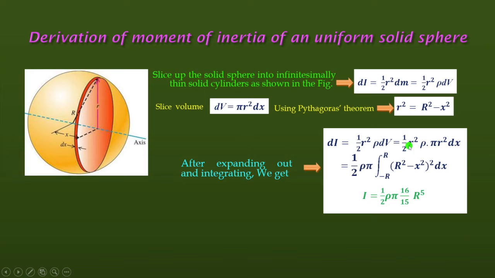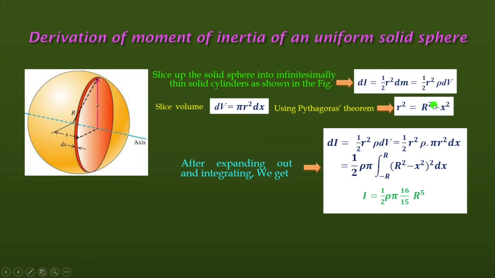Then dI: substitute the value of dV from this equation, and this r square substitute by this one, and then integrate. Now from here, dI is a function of x.